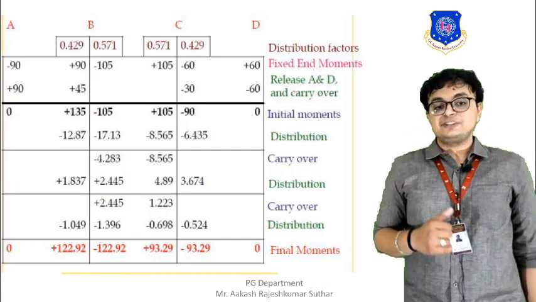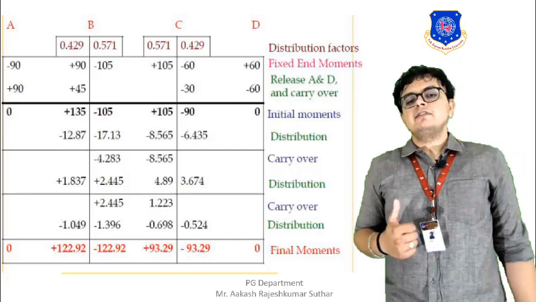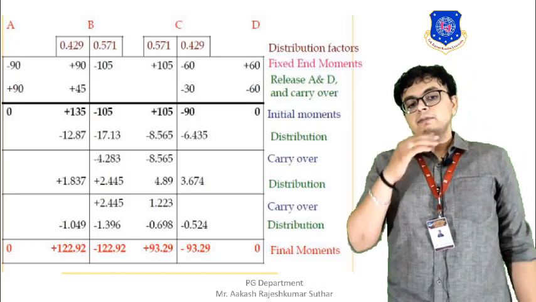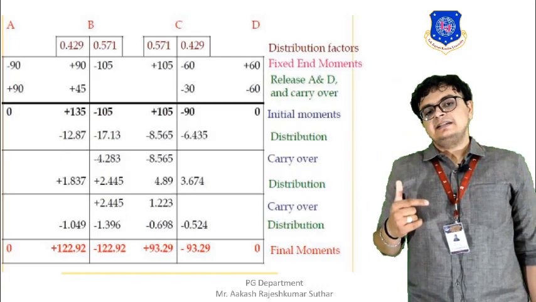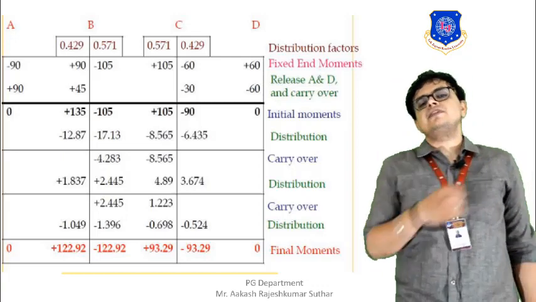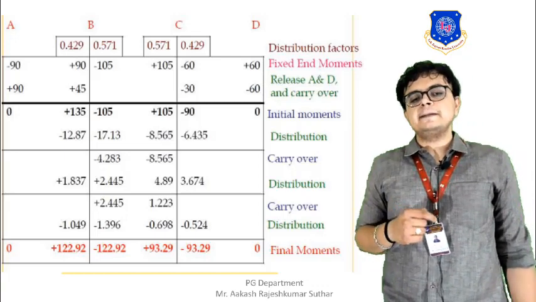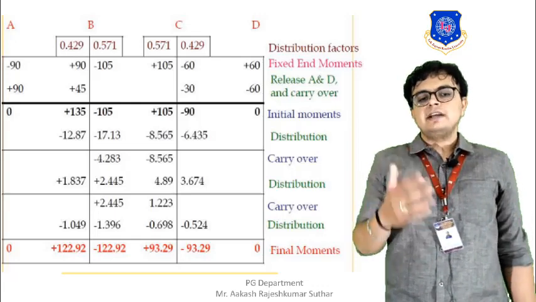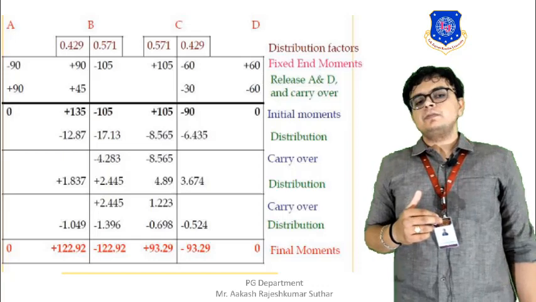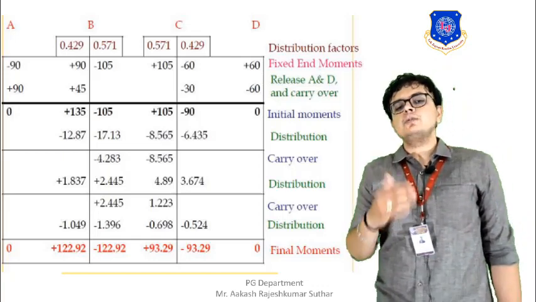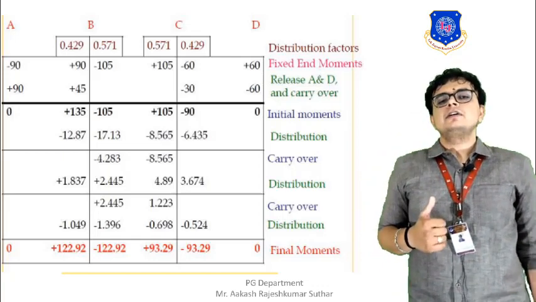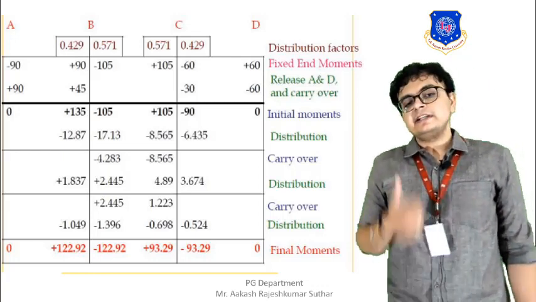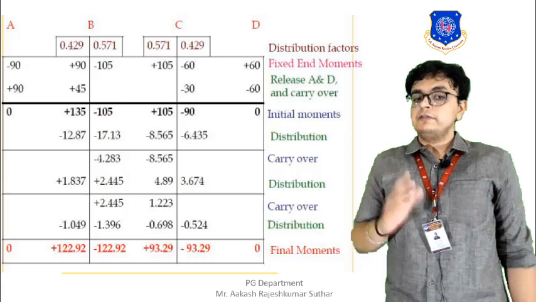So at joint B, we have got the value of minus 4.283, and we have to multiply it with the distribution factor. So multiplying minus 4.283 with 0.429, finally we will be getting the value of minus 1.837, but by distribution we have to take the opposite sign.